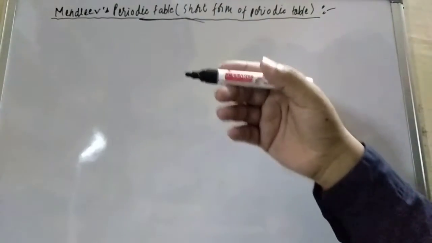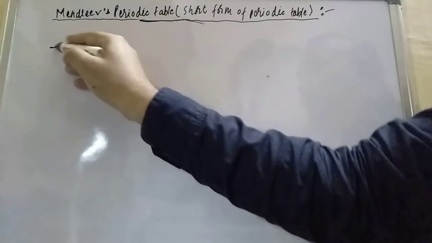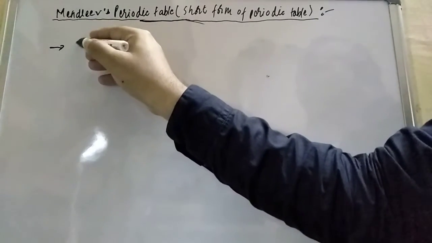Now let us try to understand how he classified, and what the character of his periodic table is. Mendeleev tried to arrange all the known elements in groups and periods.